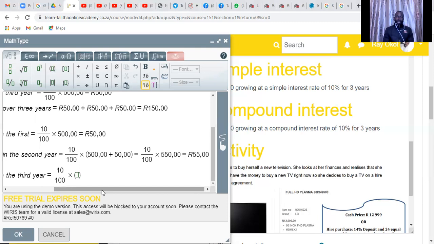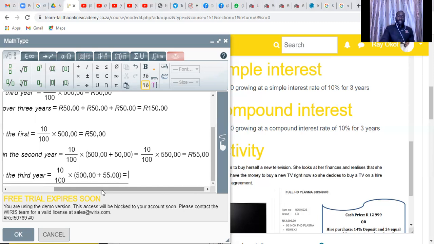Okay, so the new amount of money is now going to be 55. What do we get from here?